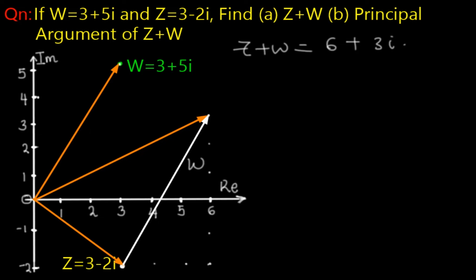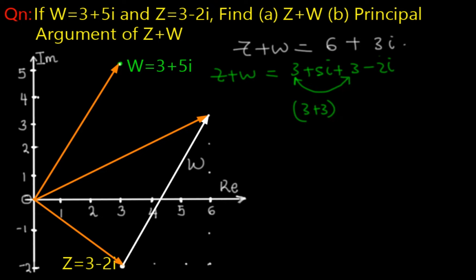By the way, it is very clear that by addition of complex numbers, if I have z plus w, this is equal to 3 plus 5i, plus 3 minus 2i. We said that when we are adding complex numbers, we add the real parts onto real parts and then imaginary parts onto imaginary parts.